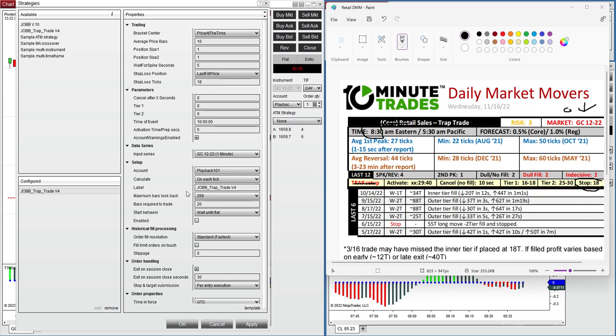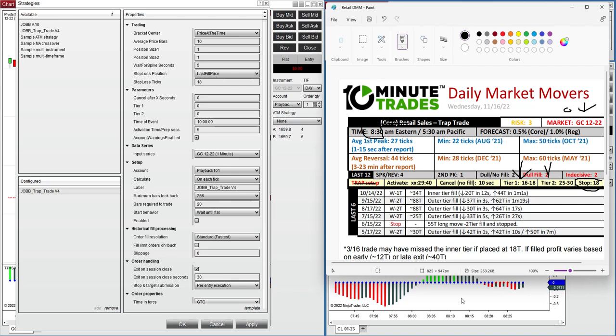So now, we have a tradition at our company. See where it says Tier 1 and Tier 2? It has a range instead of being an exact number.